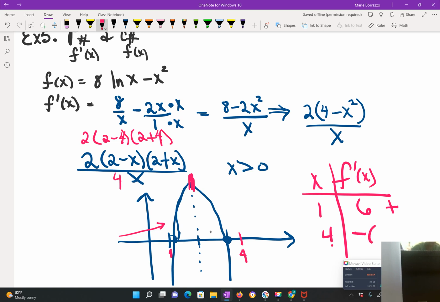So negative 6, and this is obviously negative. So now you can say that from 0 to 2 we are increasing, and from 2 to infinity we are decreasing.